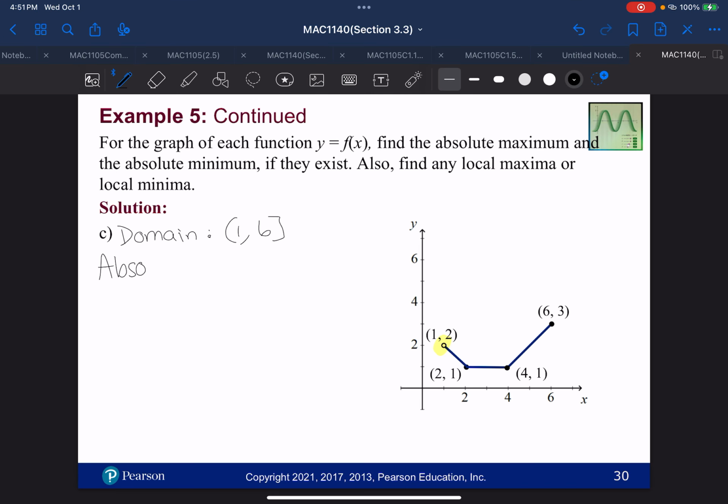So the absolute maximum will be equal to this y value of 3. The absolute minimum is actually going to be equal to 1. So that's the smallest y value on my function.